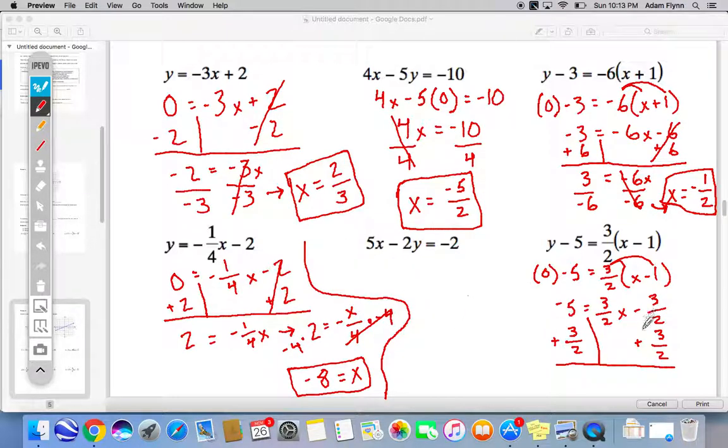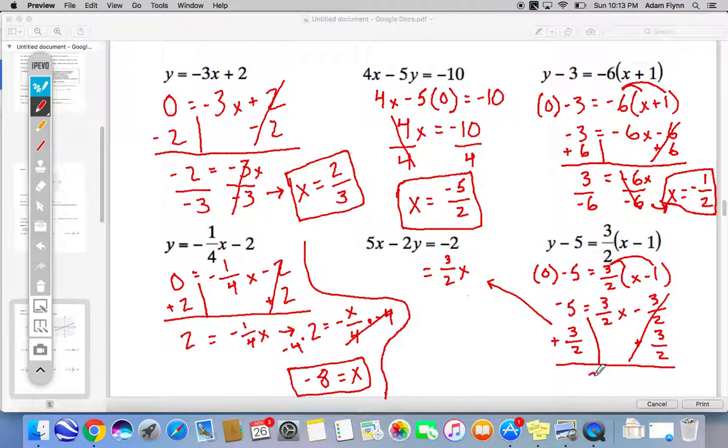Okay, so I know these 3 over 2's will cancel. So I'm left with 3 over 2x equals, so I have negative 5 plus 3 over 2. So I know when I add fractions, I need a common denominator. So my common denominator here would be 2, because I have negative 5 over 1 and 3 over 2.